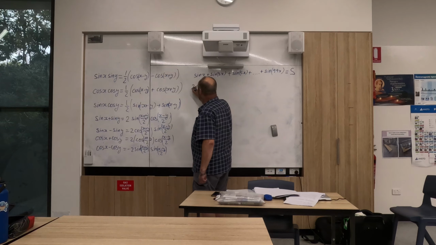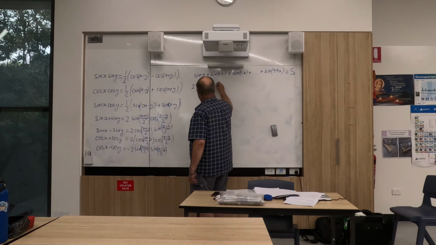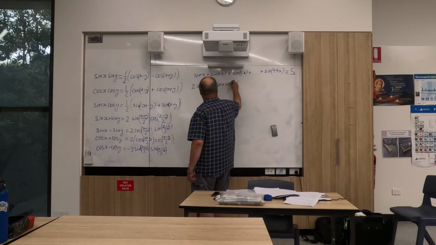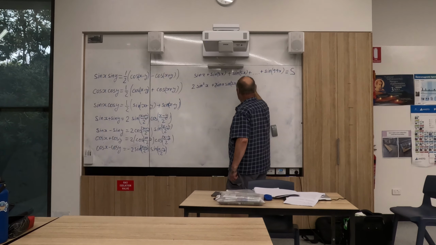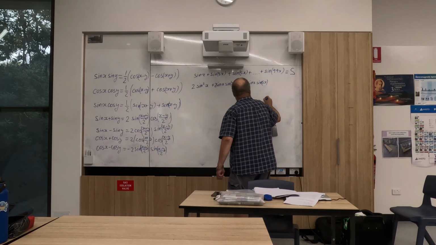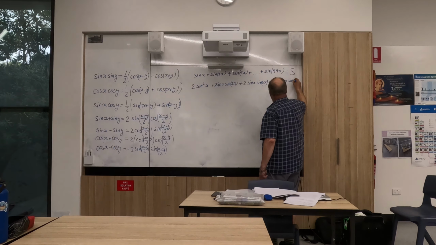We'll get 2 sine squared x plus 2 sine x sine 3x plus 2 sine x sine 5x plus ... plus 2 sine x sine 99x.